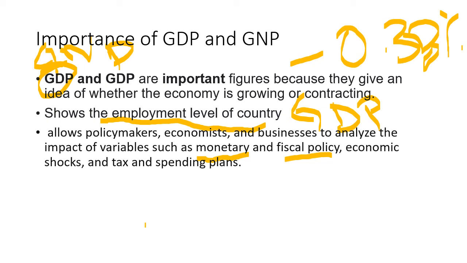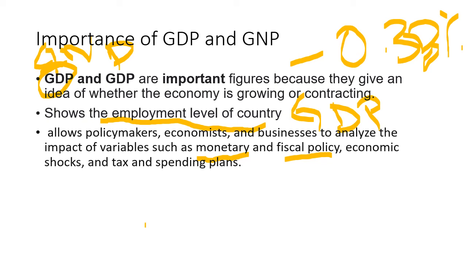And fiscal policy is the policy related to taxes, and this policy is made by the finance department, that is the Ministry of Finance. This policy is also made by analyzing GDP and GNP.